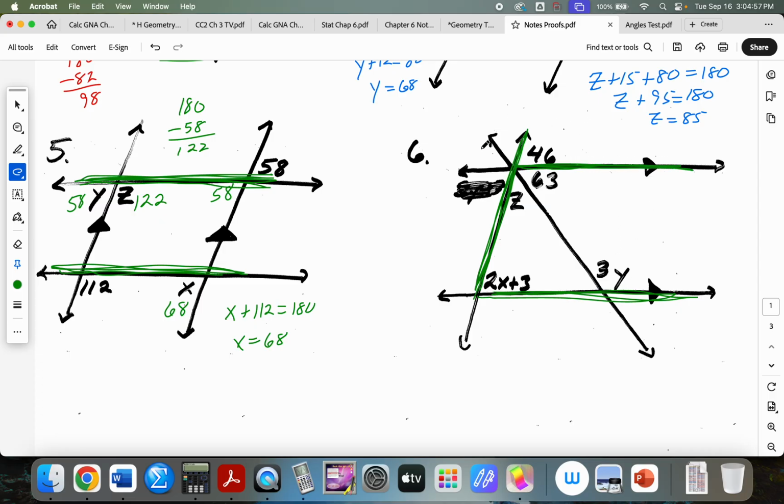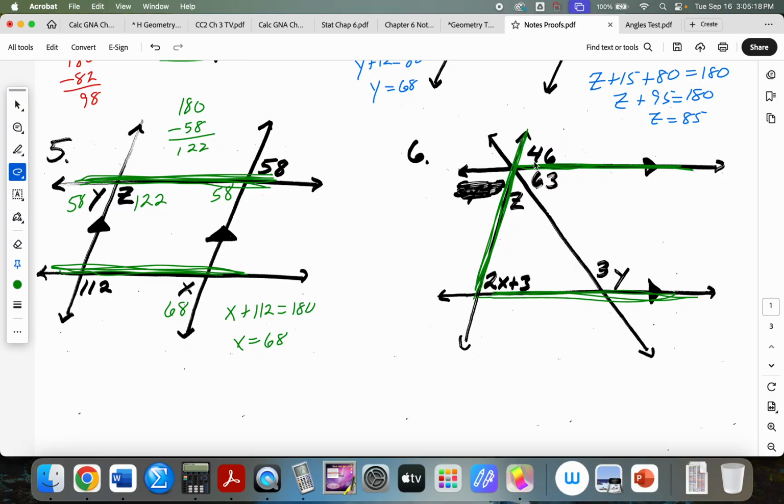What angle did I just outline up here? The 46. What kind of angles are the 46 and the 2x plus 3?